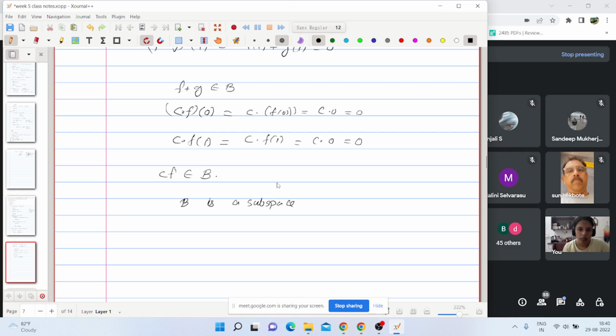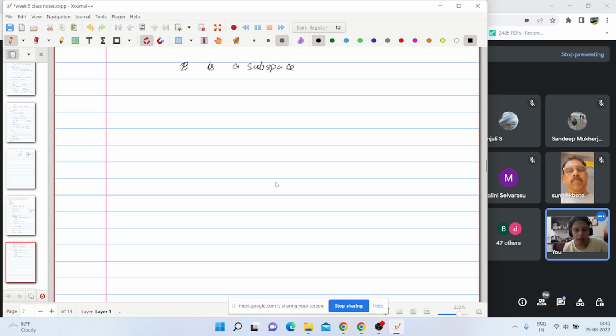It can be anything, like if I am saying f of x equal to x, then we can say f of 0 equal to 0. Right? That means f belongs to our set A. A is the set of all f in V such that f0 equal to 0. This f is not a constant function, right?